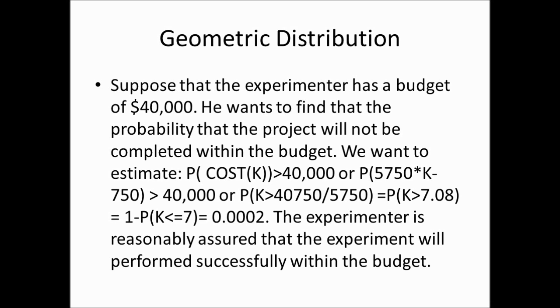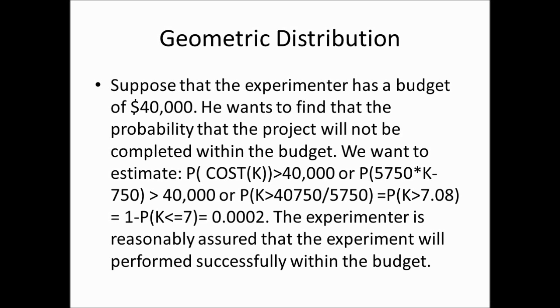So we want to find the probability that the cost function, the cost of k, is greater than 40,000. K is the number of trials needed until we get the first success. If you convert that, the probability of 5500 multiplied by k minus 500 being greater than 40,000 converts into the probability of k greater than 7.08.